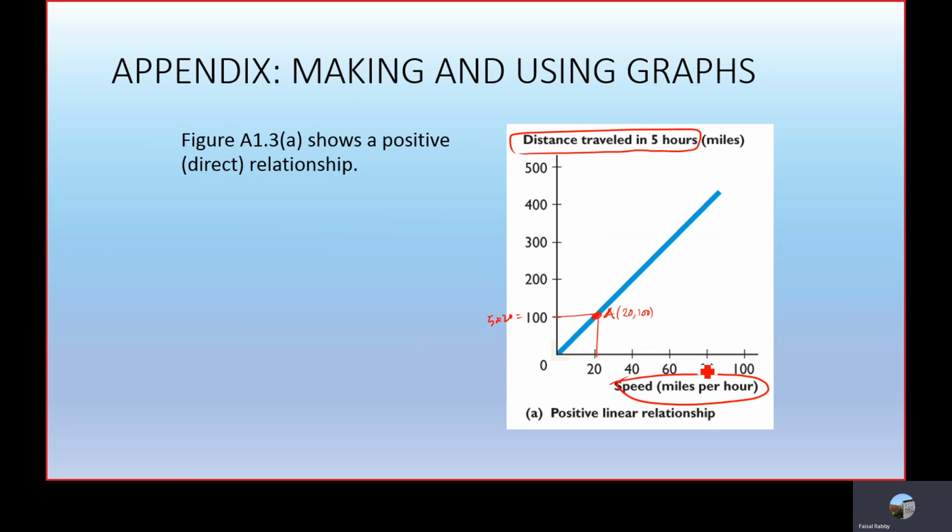Similarly, if I'm driving my car at, say, 60 miles per hour, in 5 hours I'll cross 60 times 5 equal to 200 miles. And, oh, sorry, 60 times 5 is 300. That's my mistake.